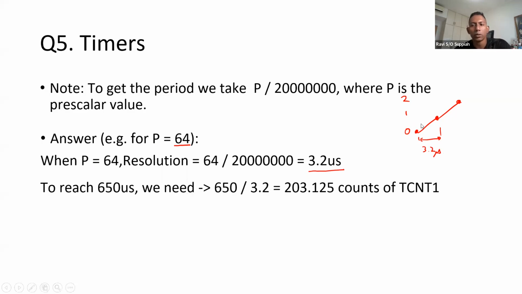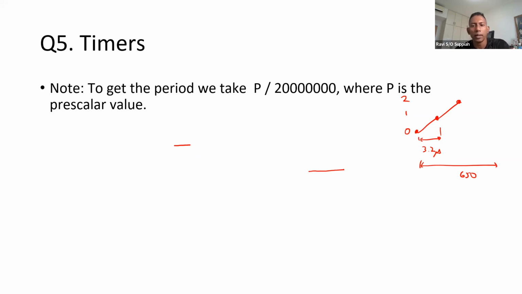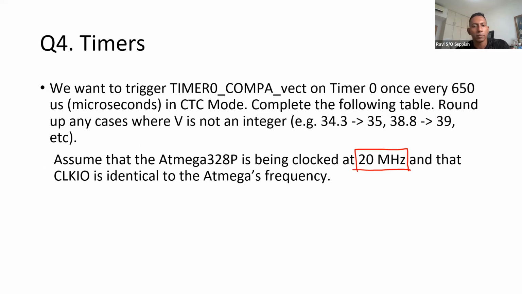If I want to reach 650 microseconds, it's 650 divided by 3.2, which gives me 203.125 counts. Now I have a decimal point, so what do I do? The question specified that we round up any case where V is not an integer.